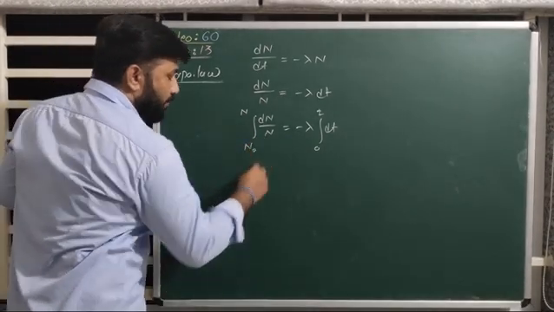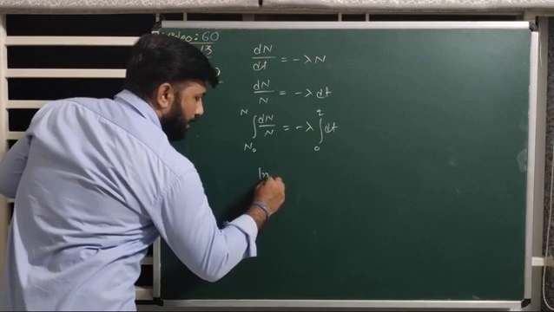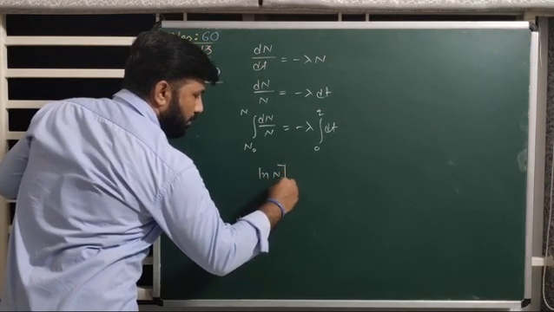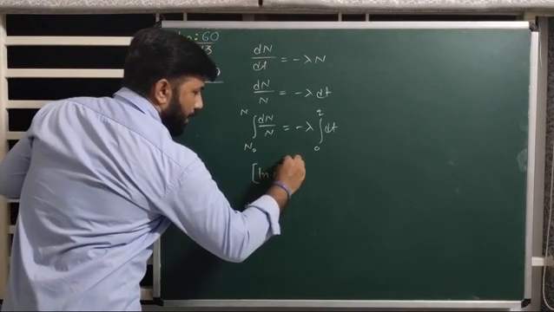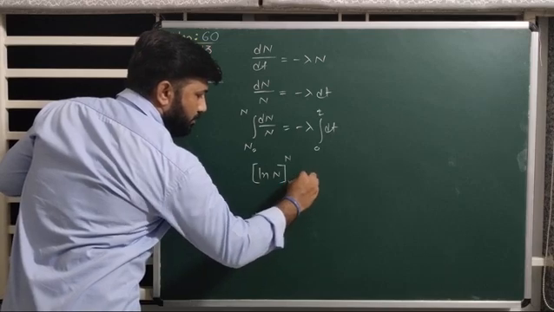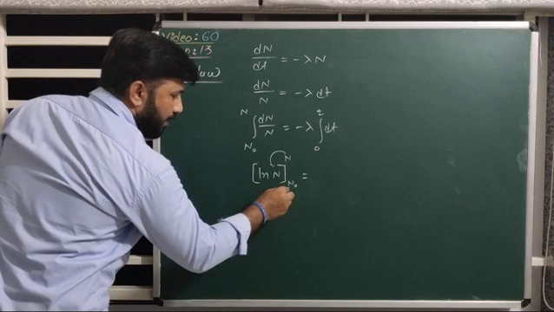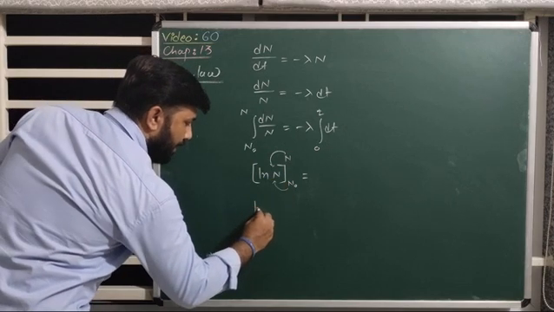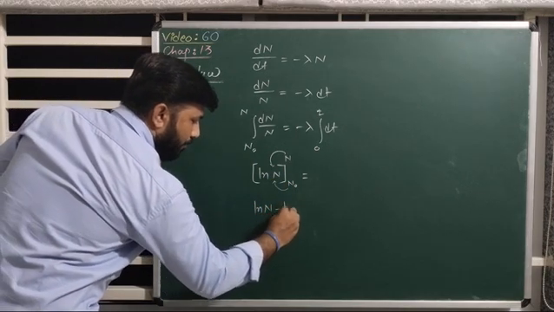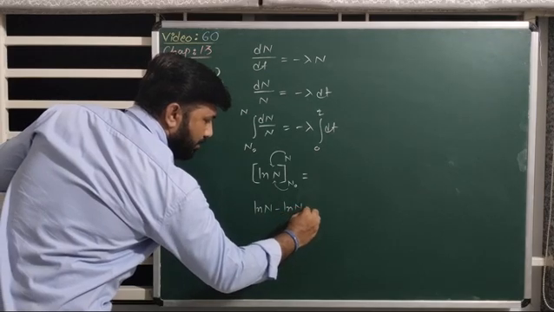What is the answer of this? It is ln N by N0 is equal to, we know very well how to put the upper limit and lower limit. It is ln N minus ln N0.